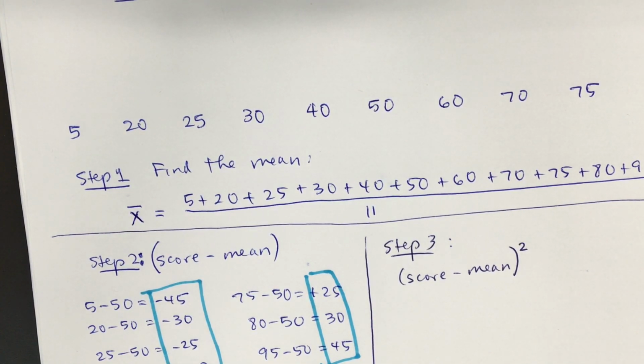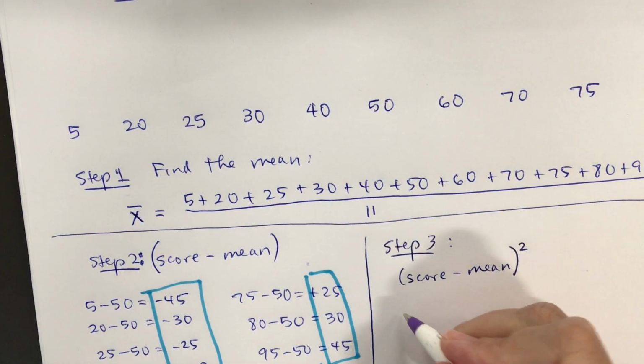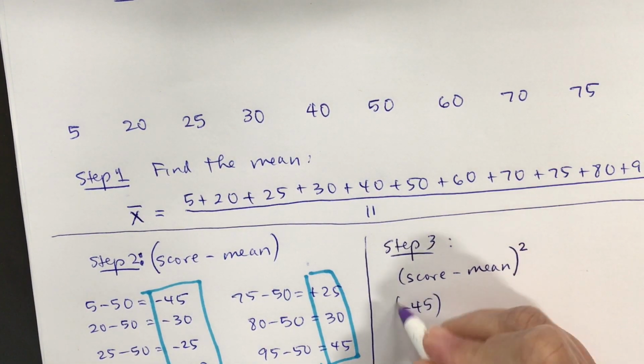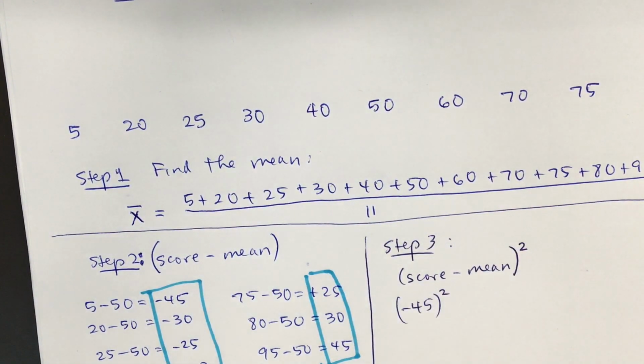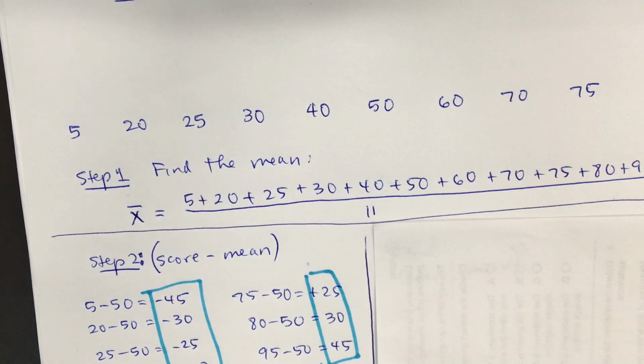So negative 45, the negative is in parentheses, squared. Now let me make a little comment about this. I'm going to put this on a separate little piece of paper to comment.